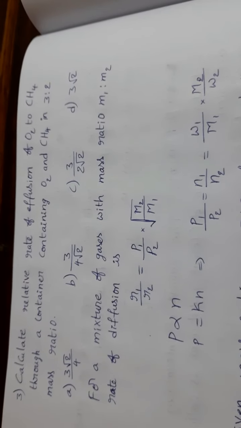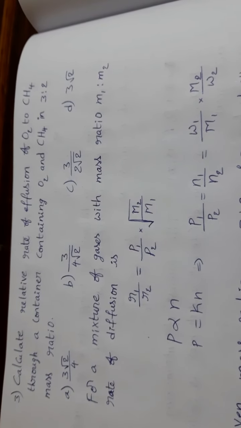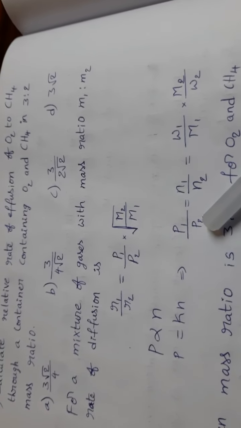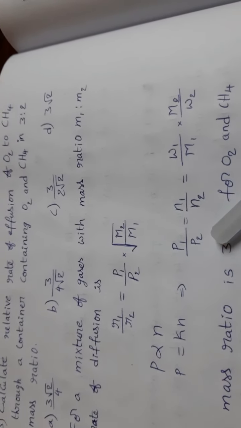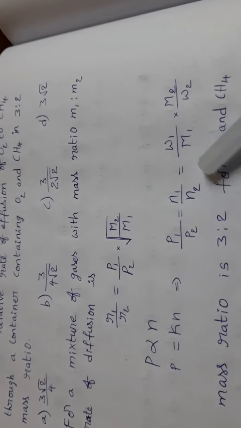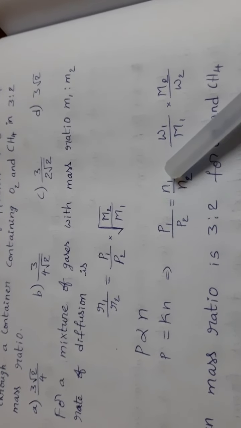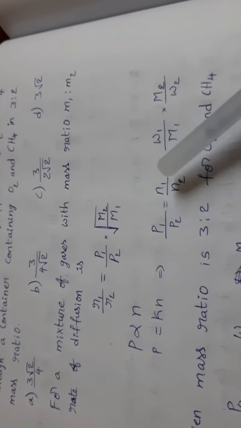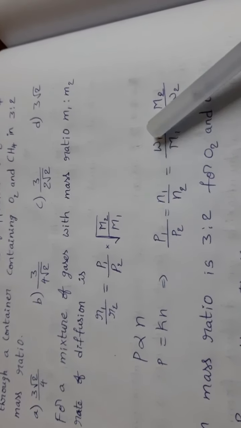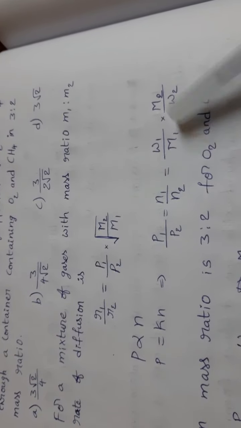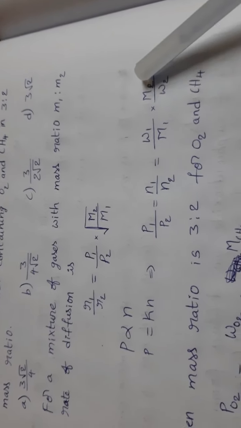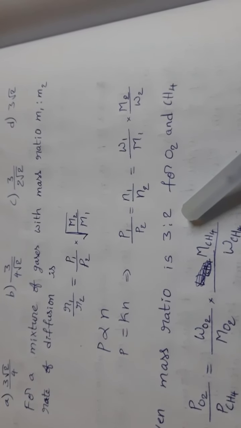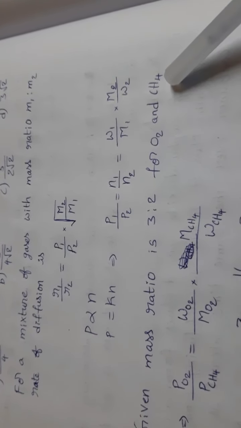So P is directly proportional to n, P equal to Kn, where K is a constant. From this, P1 by P2 equal to n1 by n2. Here n1 means number of moles of first gas, n2 number of moles of second gas. So n1 means W1 by M1, n2 means W2 by M2. Here the given mass ratio is 3:2 for O2 and CH4.